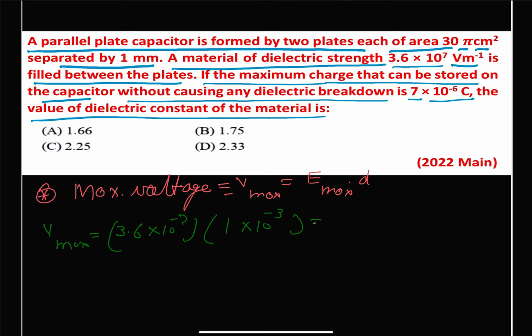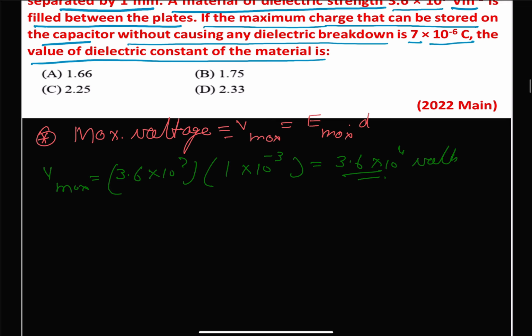So this comes as 3.6 into 10 to the power 4 volts. So this is the maximum voltage that will be across the plates of the capacitor.